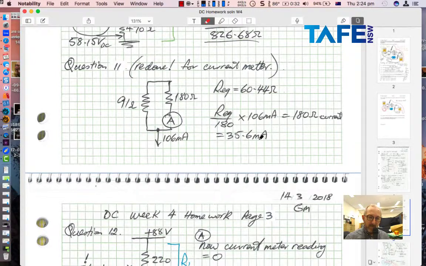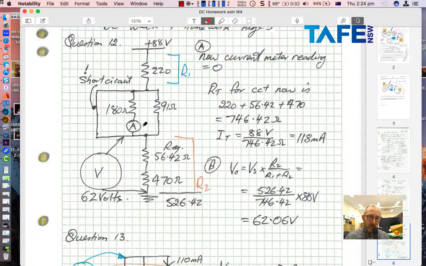Gives me 35.6 milliamps travelling in that one. Of course, if we've got 106, that one would have 106 minus the 35, so around about 69 milliamps going down through that one. And that's what you'd expect, because that's a smaller value resistor, and the smaller resistor gets more of the current.